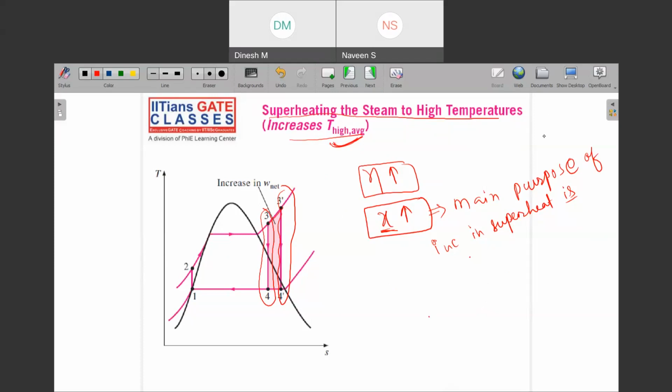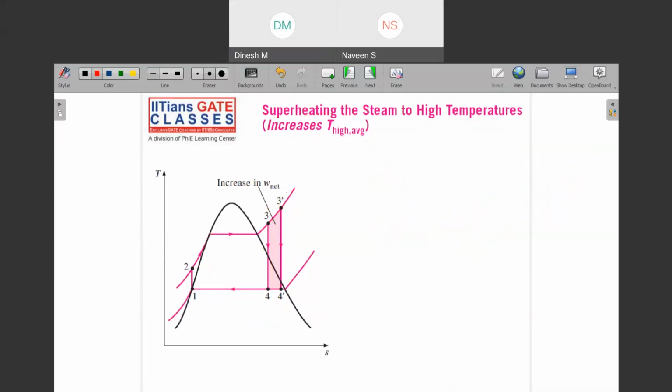As expansion process increases, efficiency will increase. Yeah, efficiency is increasing. Why? Because there is one thing always, that you will have to look after the heat supplied also. But since your T higher average increases, your W net will increase.